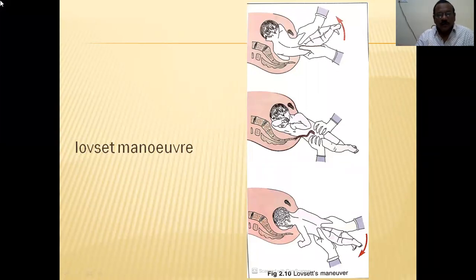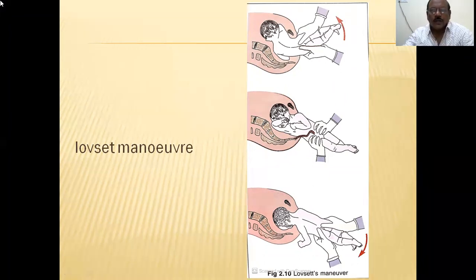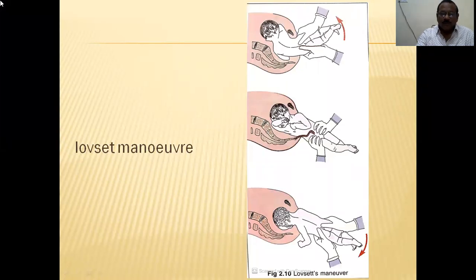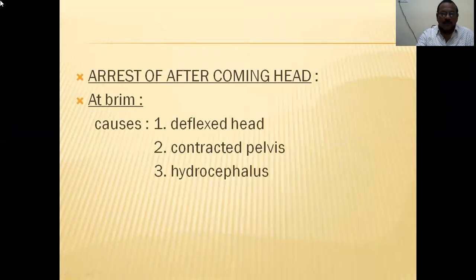We turn the fetus to one side, rotate the fetus by 180 degrees, bring down one shoulder, and again rotate the fetus in the opposite direction by 180 degrees, then deliver the other shoulder. This method is called Lovset's maneuver. This we adopt where there are extended hands or nuchal position of the hands.